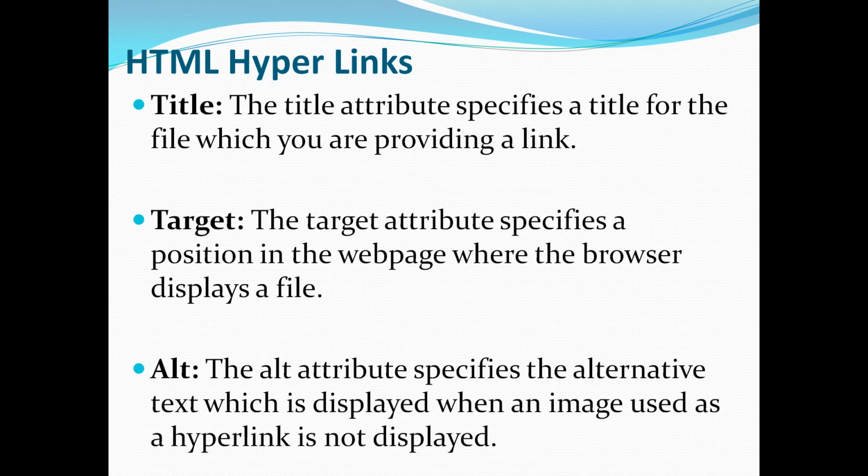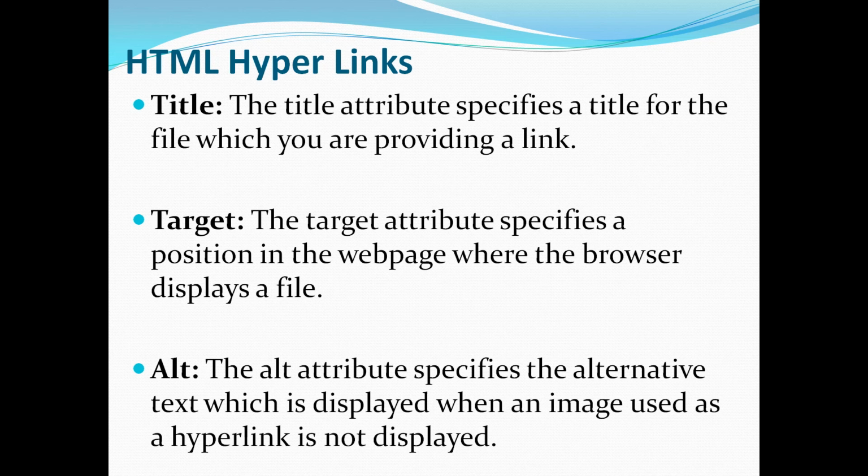Sometimes the image will not be displayed in some web browsers. So when the image is not displayed, you have to give alternative text. That alternative text will be displayed when the image is not displayed. By reading that alternate text, we can move to the particular web page.